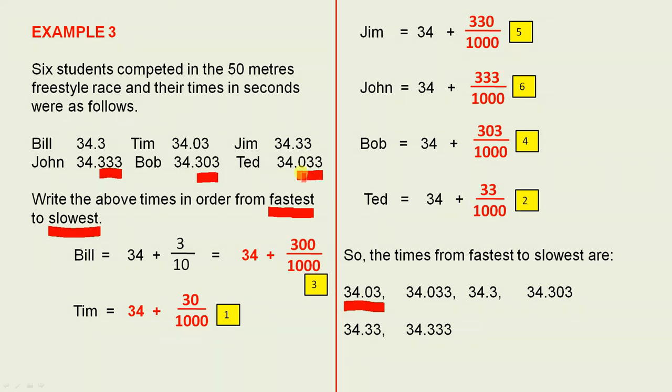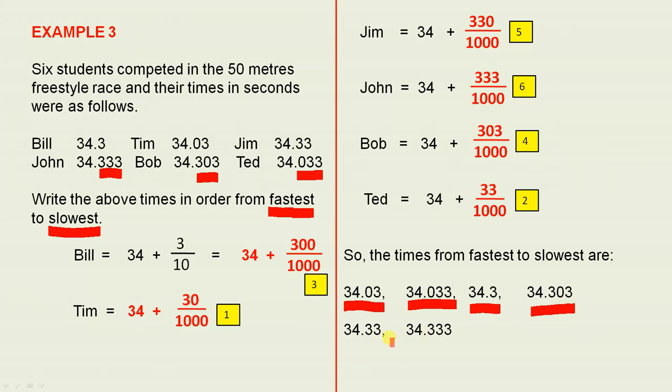The second one was Ted, who was 34.033. So Ted came second in the race. The third one is 34.3, which is Bill. So he is the third fastest. The next one is 34.303, which is the fourth place getter, Bob.